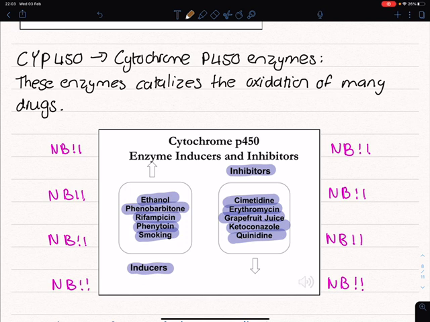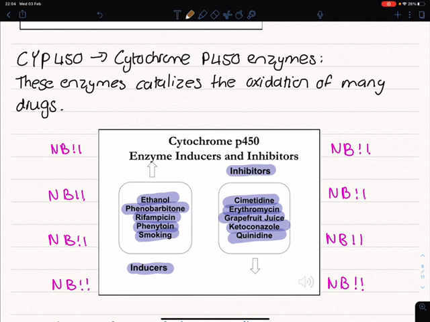This is also very important because if you administer a drug that is an inducer, this could mean that there will be more cytochrome P450 enzymes, therefore more of the drug will be metabolized, which means more of the drug will be inactive and the therapeutic effect might not be reached.